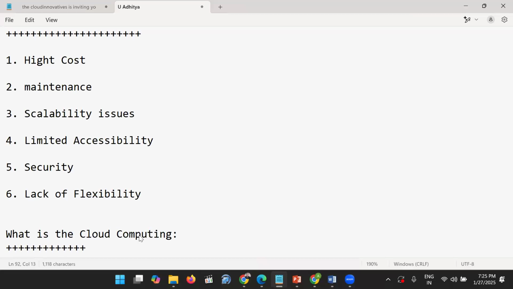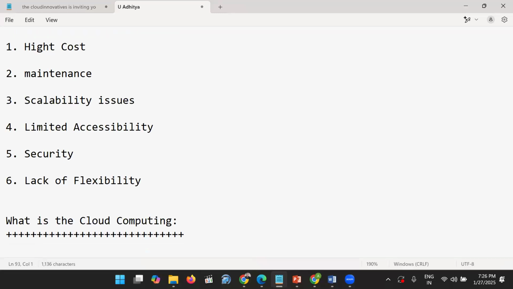Up to this, is the traditional computing model or on-premise clear? I explained with an example. Pankaj, clear? Yes, sir. Fine. Now, we're going to explore what is cloud computing.